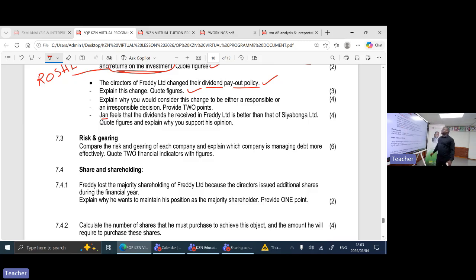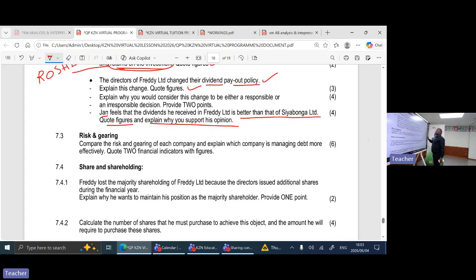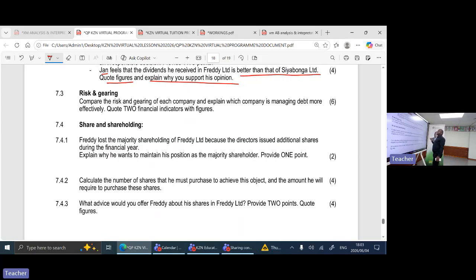Jen feels that the dividends he received in Freddie Limited are better than those of Siyabonga Limited. Basically, quote figures and explain why you support his opinion.